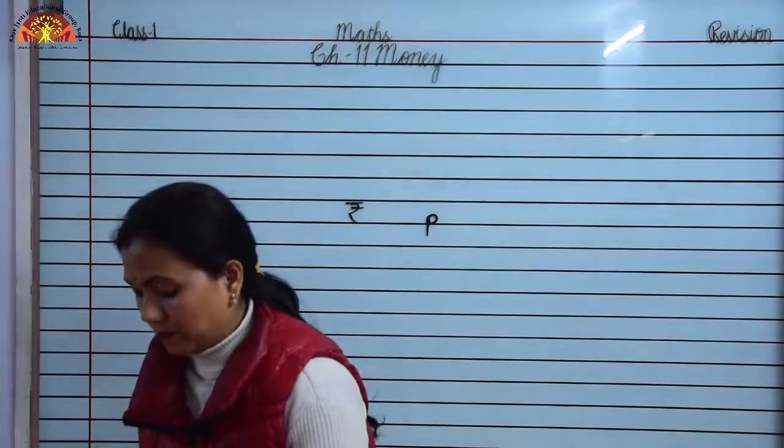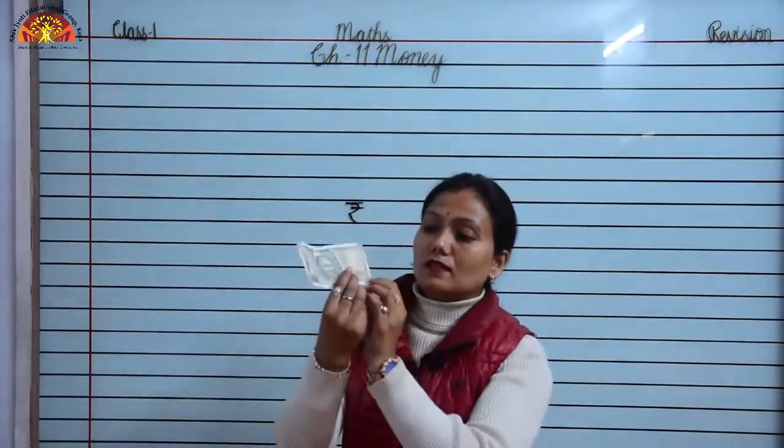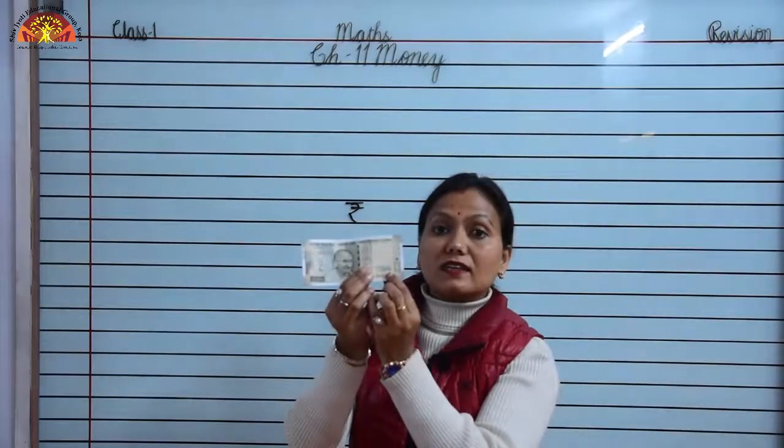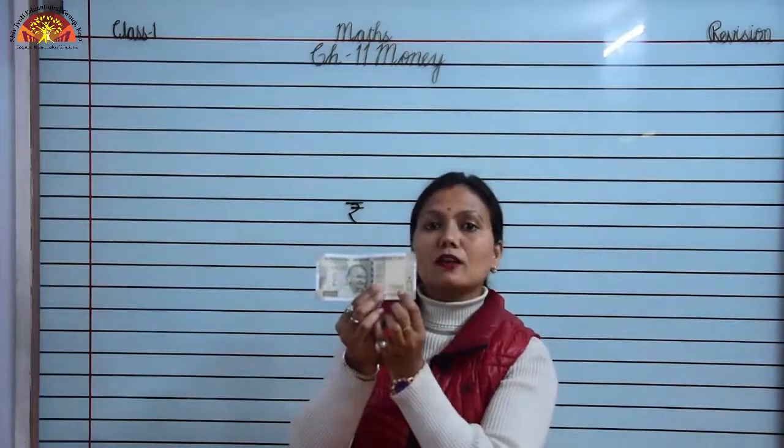As you can see, I have a 500 rupee note, and here you can see it is written in Hindi 500 rupees, and at the back of the note you can see it is written in words 500 rupees, and here you can see the symbol of rupees and it is written in numbers rupees 500. It means rupees 500. So in every currency note the value is written both in words and in numbers.